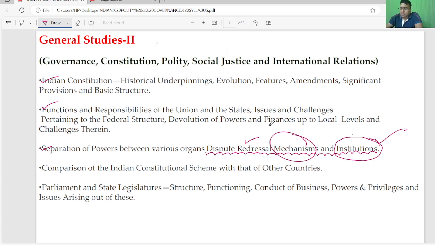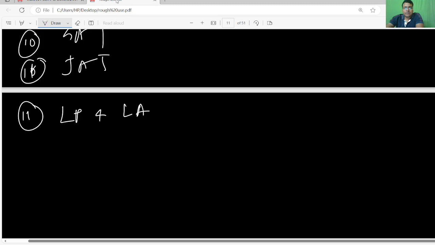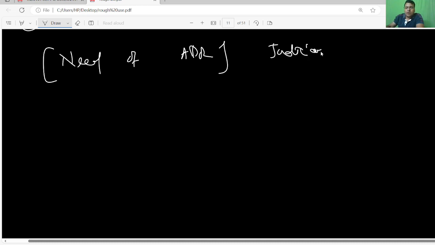Now we will deal with what is the need of alternative dispute redressal mechanism and why we establish it. Next we discuss the need of ADR. What is the need of ADR when we have judiciary?